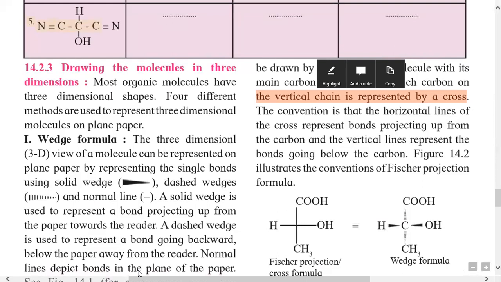The convention is that the horizontal lines of the cross represent the bonds projecting up from the carbon, and the vertical lines indicate the bonds going below the carbon.